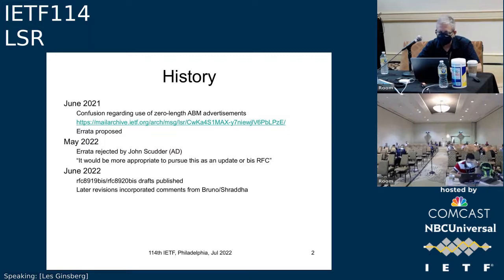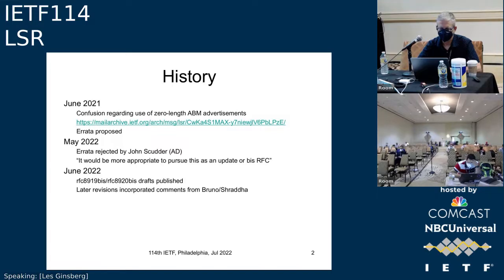There's a pointer to the thread. The outcome of that discussion was an errata for each of the RFCs. In May, John reviewed the errata and felt that it would be more appropriate to pursue this as a BIS RFC. So we published the BIS drafts in June.